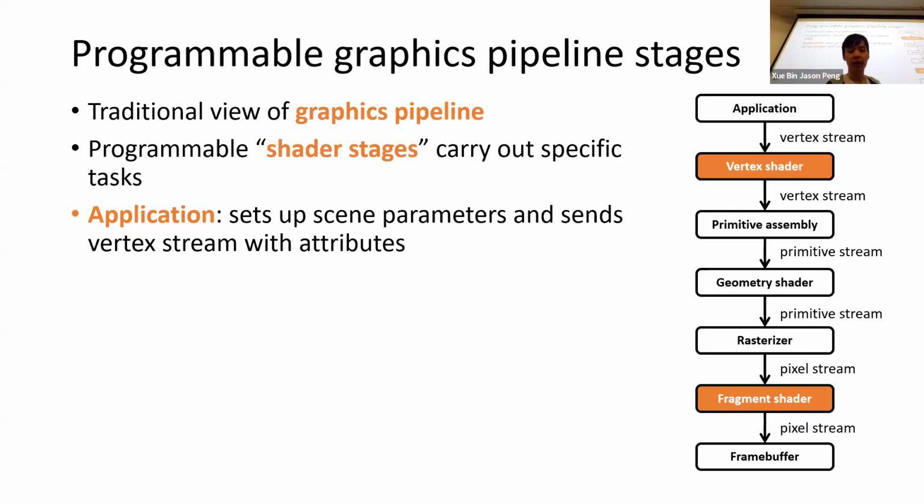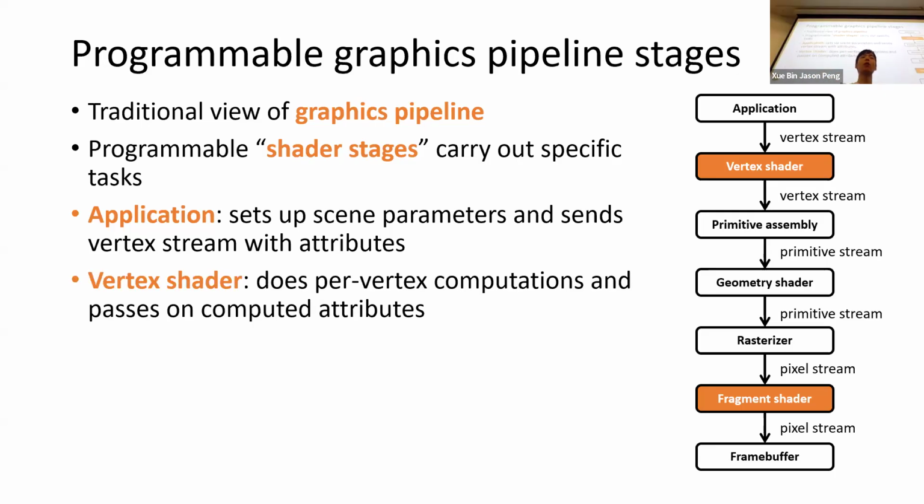The job of this vertex shader is to apply per vertex calculations on the vertices produced by the application. So for example, if I have defined lots of objects in world space, and now I want to render the scene from the perspective of the camera, one of the operations that you have to perform is to take all those vertices from world coordinates and convert them into camera coordinates so that we can display the scene from the perspective of the camera.